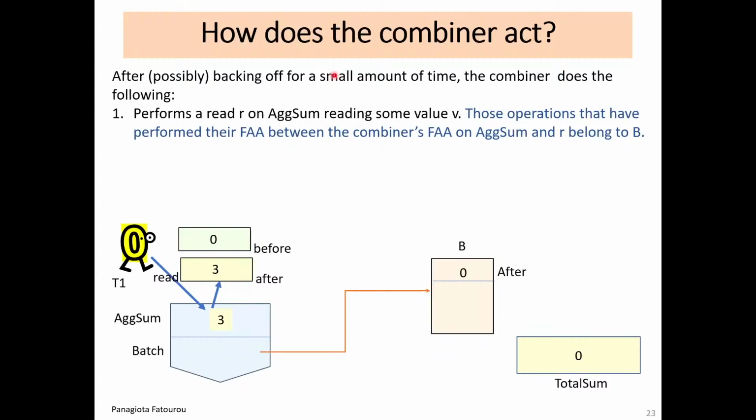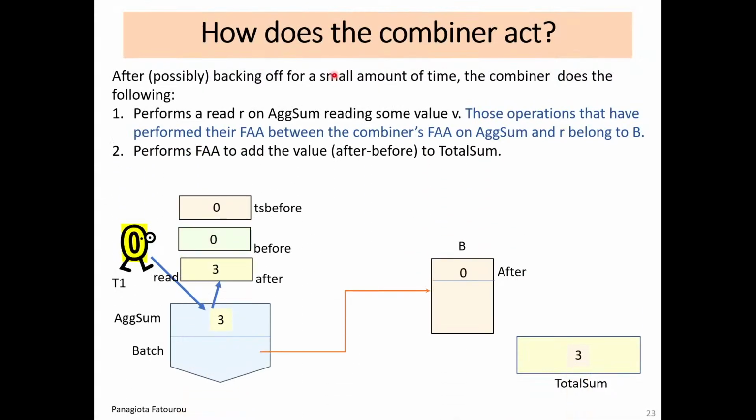And these 3 that the combiner read are going to be stored in a local variable after. Then it's going to perform a fetch and add to add the value after minus before to total sum, which is the partial sum of these 3 operations. So the total sum contains 3 after this, and the previous value 0 is going to be stored in a local variable T as before.